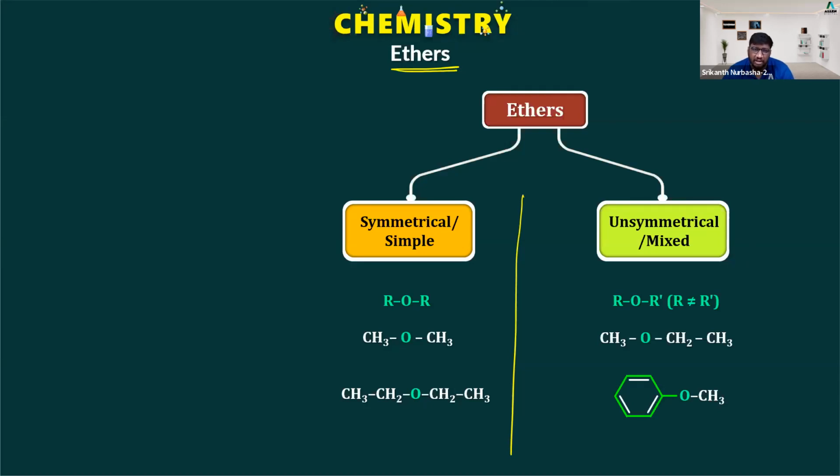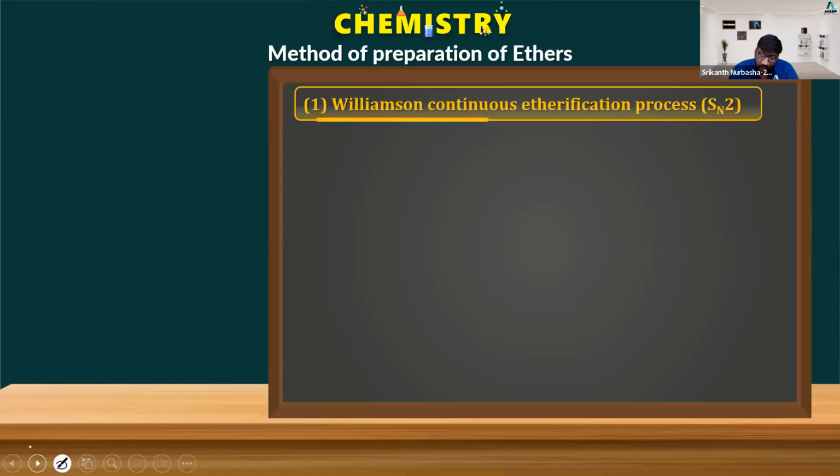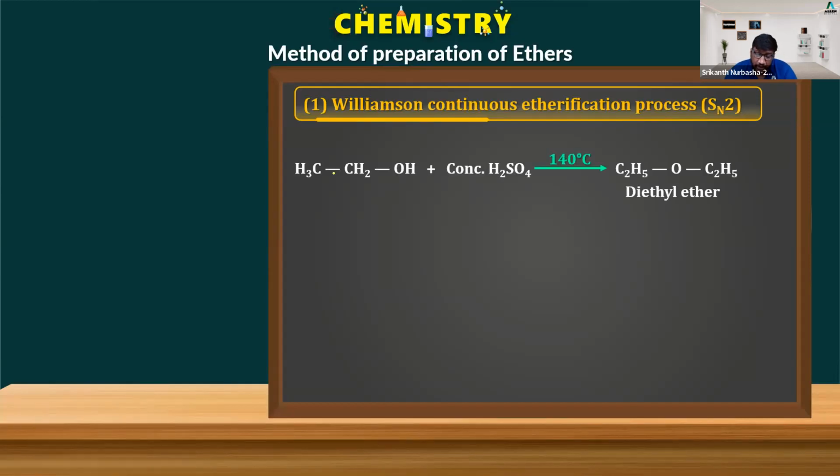If you do dehydration at lower temperature, what is going to happen? That will lead to the formation of ethers. So the first reaction is the Williamson's continuous etherification process, or SN2 mechanism. If you take an alcohol CH3CH2OH and treat it with concentrated H2SO4 at a lower temperature, 140 degrees Celsius.